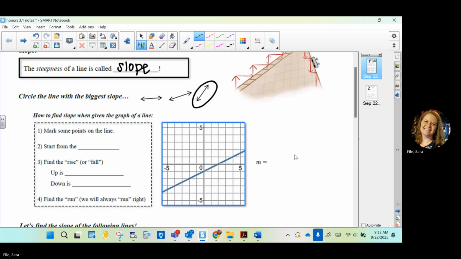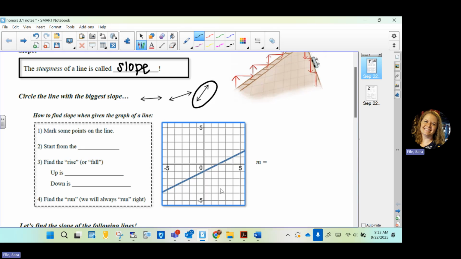When we are finding slope graphically, so if we have a line graphed, the easiest way is to pick some points. So I'm going to mark some points on here. Now you want to pick points that go through the intersection of your grid lines.